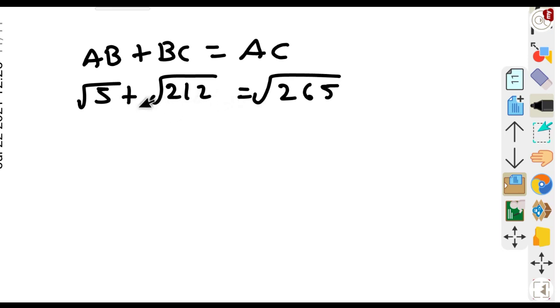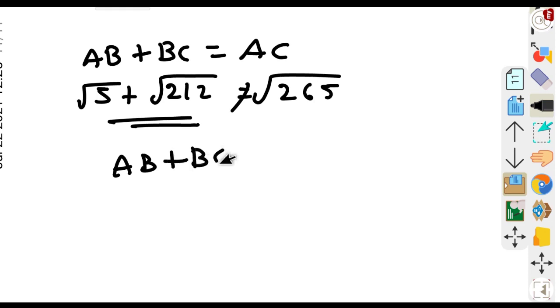So therefore if you add AB plus BC, the answer will be this much, so therefore this is not equal to AC. So therefore directly we can write AB plus BC is not equal to AC. Hence the points A, B and C are not collinear points.